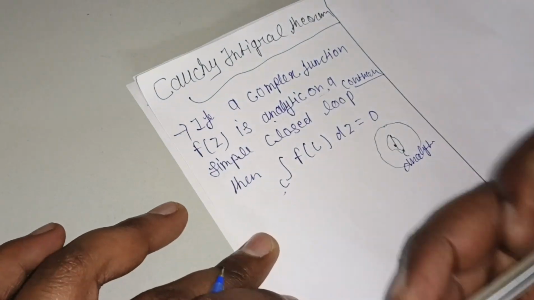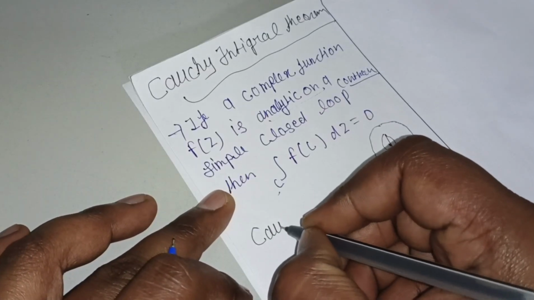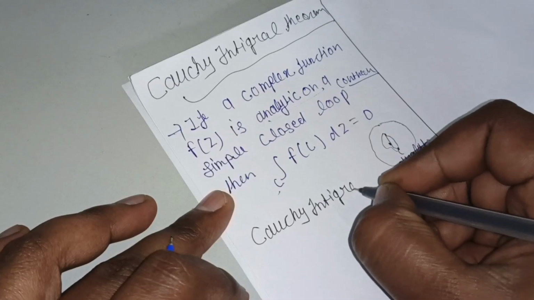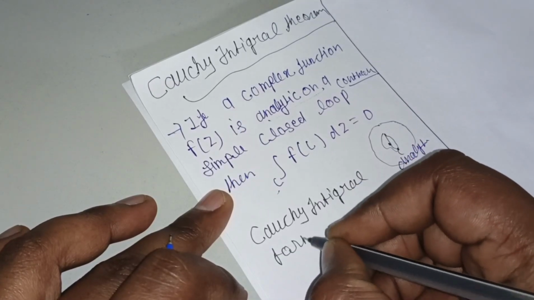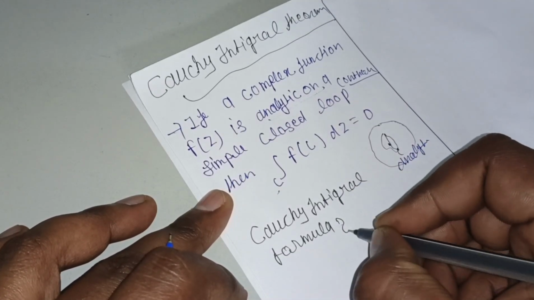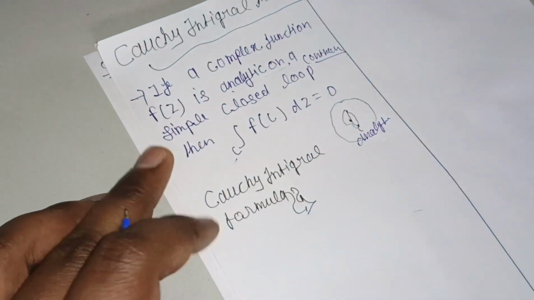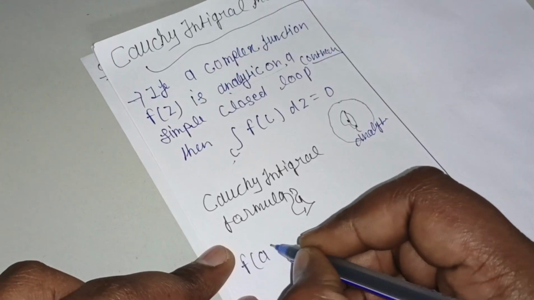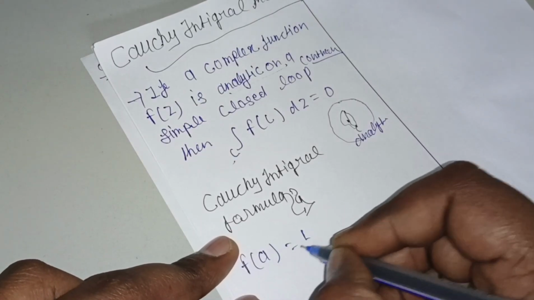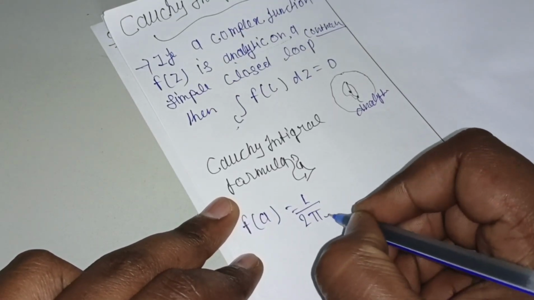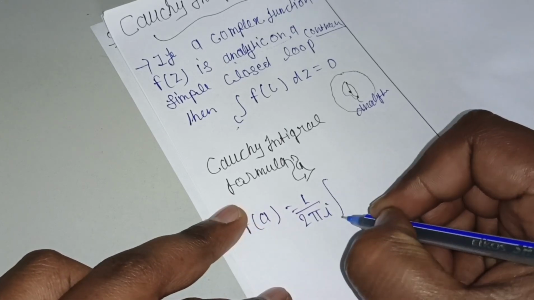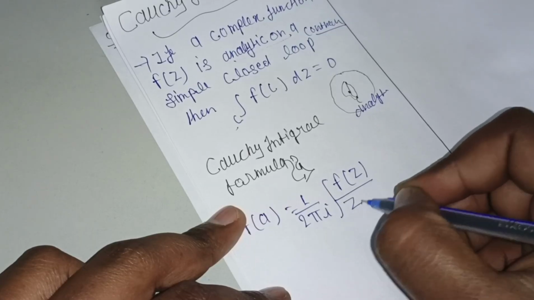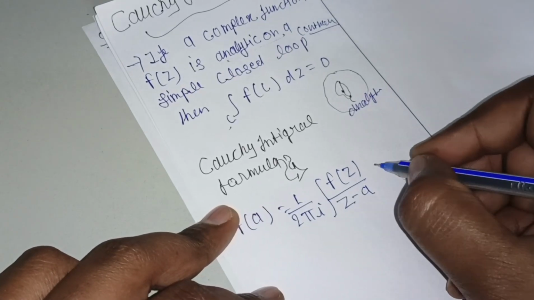So now let's see the Cauchy integral formula. f of a is equal to 1 upon 2 pi i times the integral of f(z) upon z minus a dz.